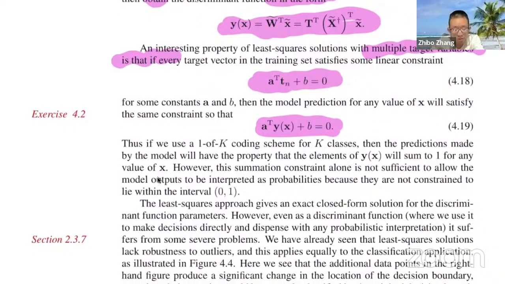Thus, if we use a 1-of-K coding scheme for K classes, then the predictions made by the model will have the property that the elements of y(x) will sum to 1 for any value of x. And that's exactly something that we want, okay? We want actually probabilities, right? We want actually a probability distribution, okay?